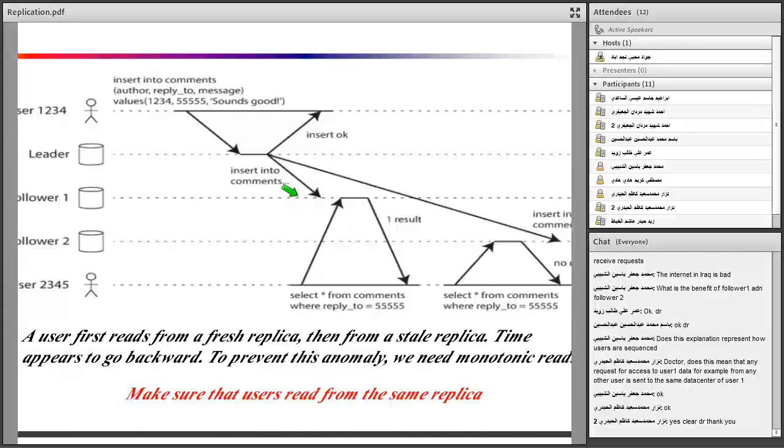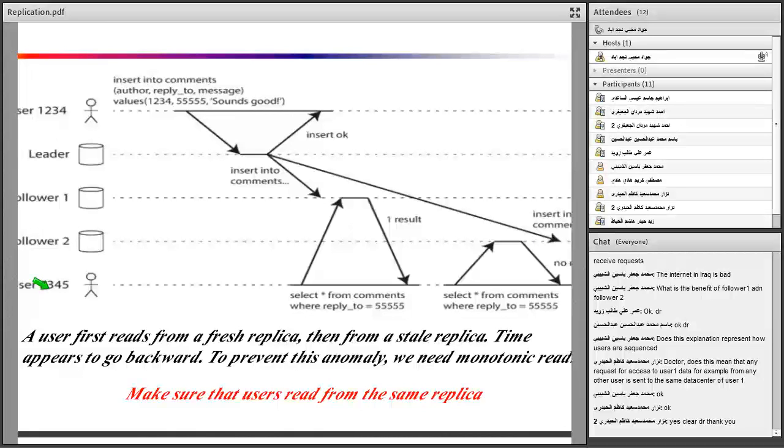Follower 1 gets this change log sooner than follower 2, because the message is received by follower 1 at this time and by follower 2 at this later time.